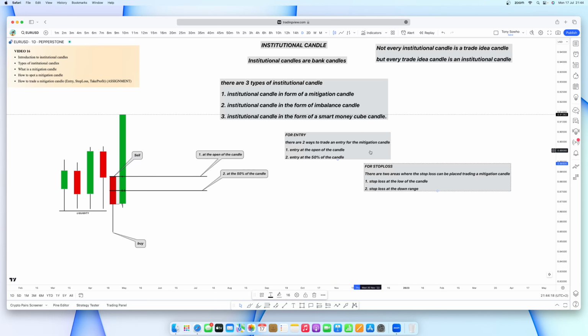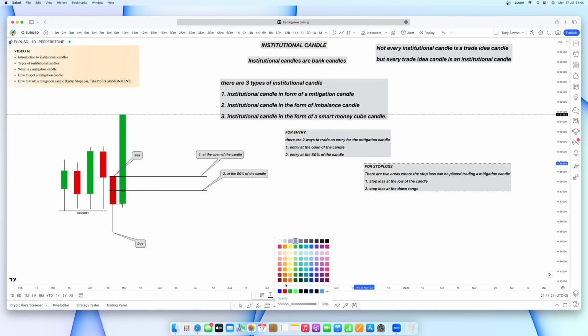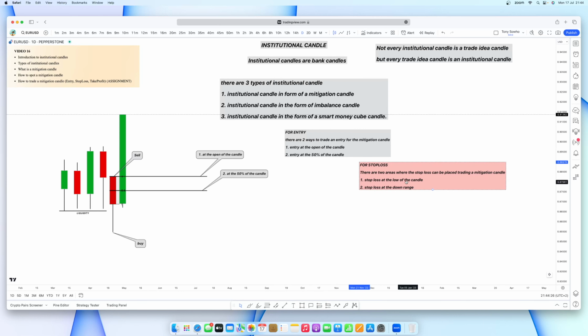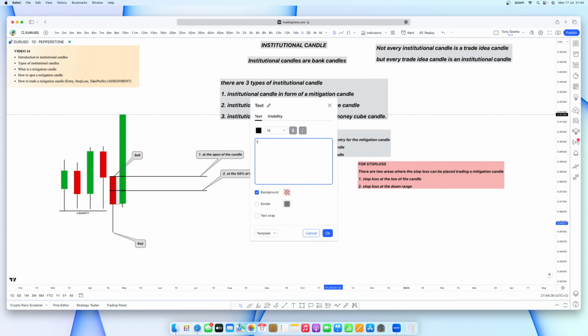Okay, so we can put this as the entry. Stop loss is always signified as red, so we can just make this red. And then for take profit, we can just make this green.